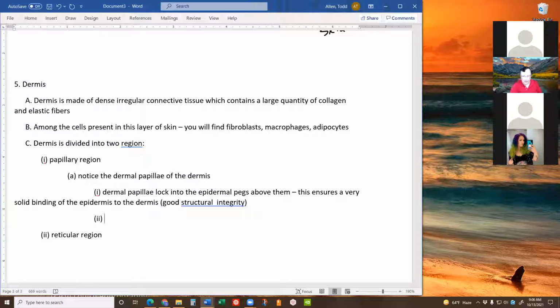Also, notice that the dermal papillae, because of their very nature of being projections that go up vertically, if we were to take a little ball and roll along the outer surface of all the dermal papillae, up and down, up and down, what we would quickly realize is that the dermal papillae actually increase the surface area of the dermis.